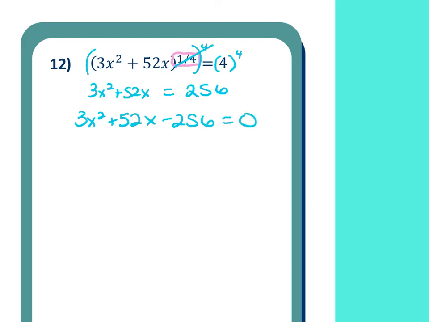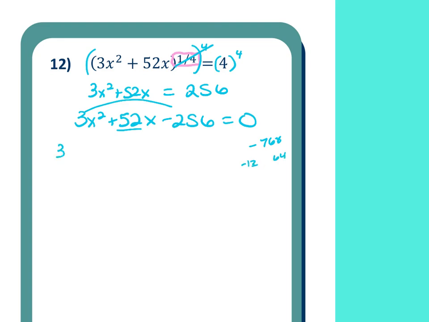And I want to factor this. So I can do first times last. 3 times 256, 768. Factors of that sum to 52. Negative 12 and 64.